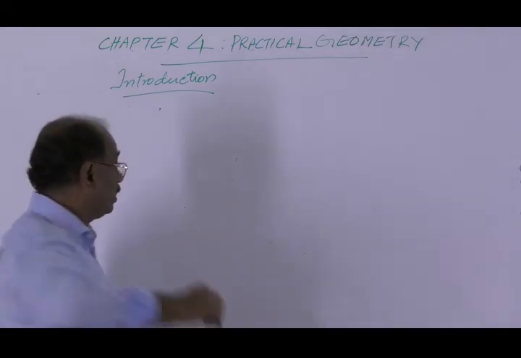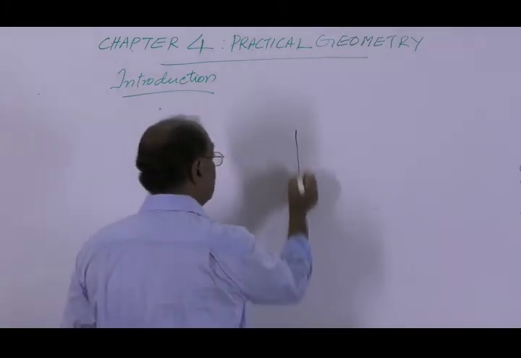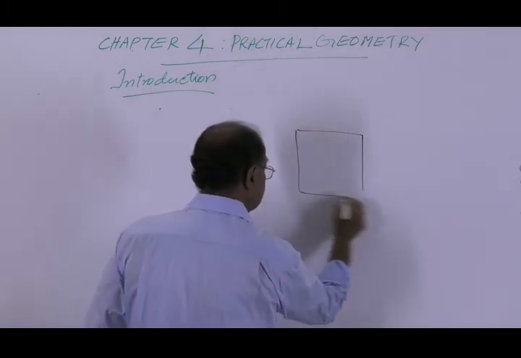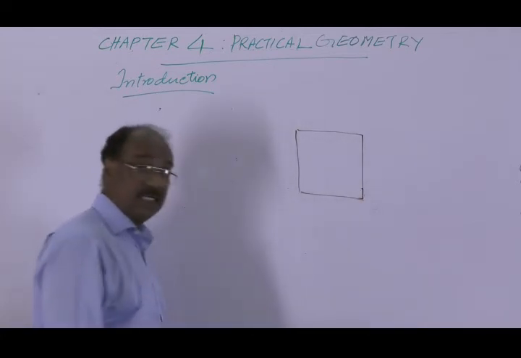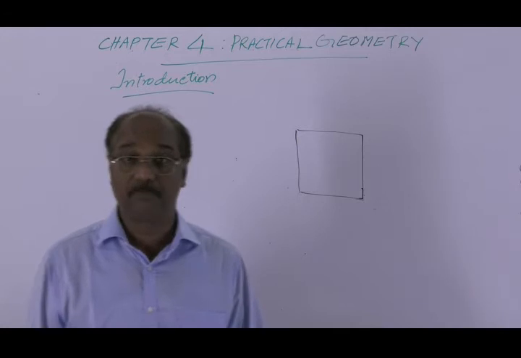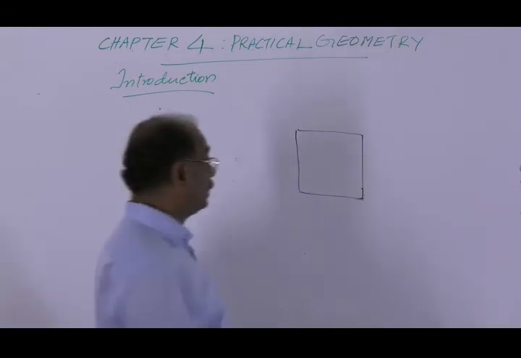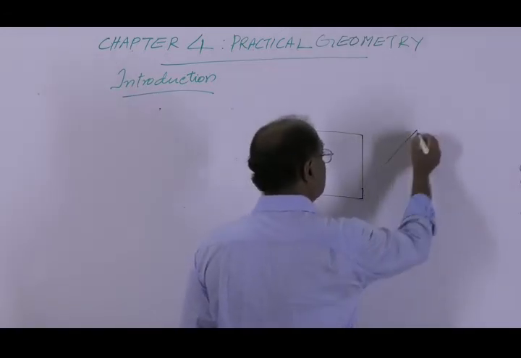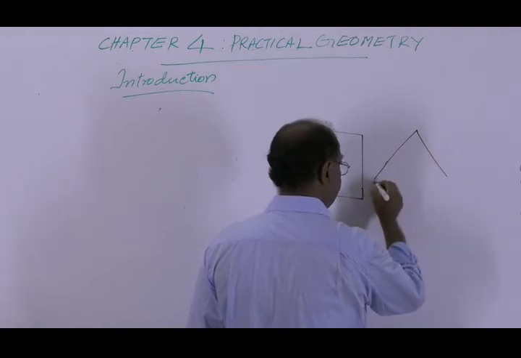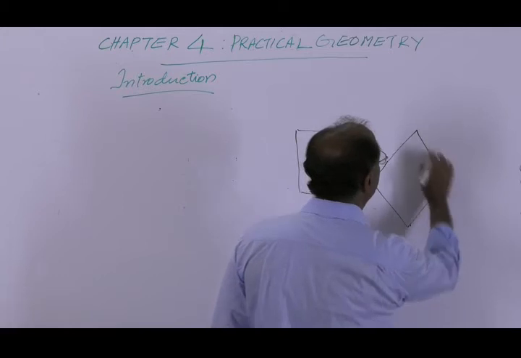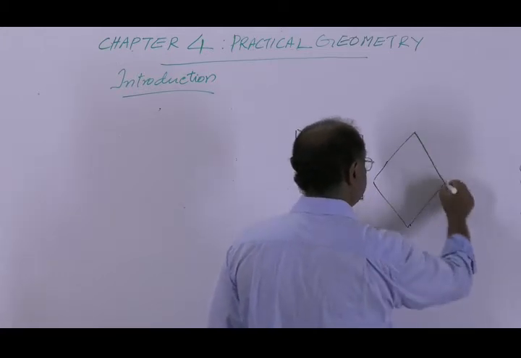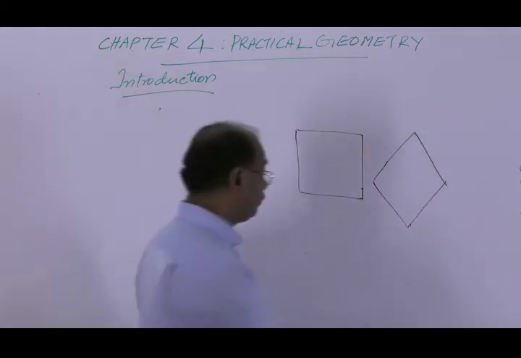Suppose we construct a square. This is a 4-sided figure, a quadrilateral square, all sides equal. And consider this figure, which is called a rhombus.